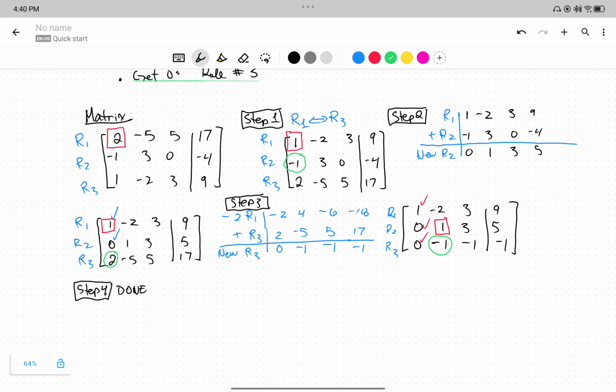And if you add it to row number 3, it cancels already without having to do any extra work. So it's nice that it's just ready to go. And that's step 5. So row 2 plus row 3 is your new row 3.